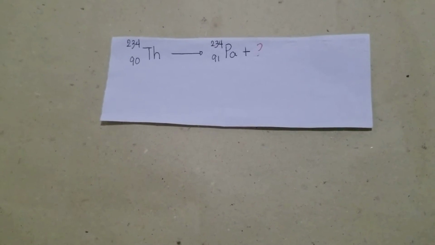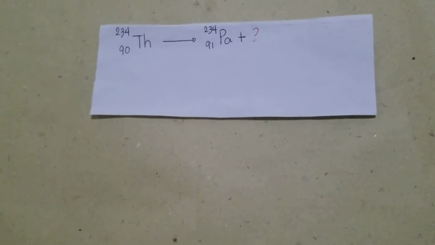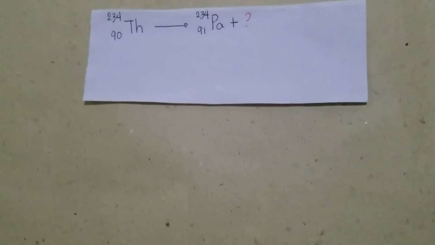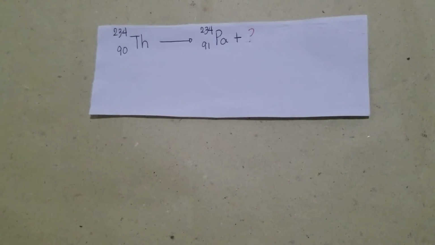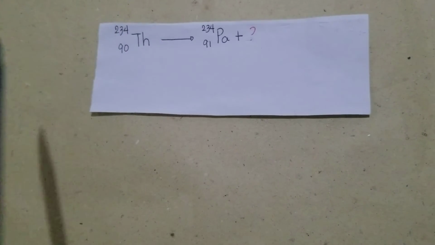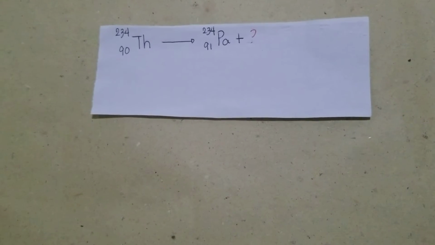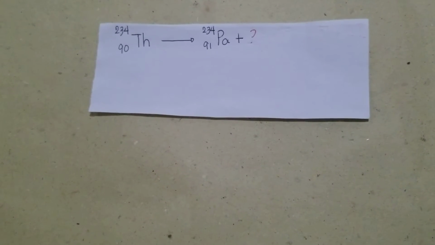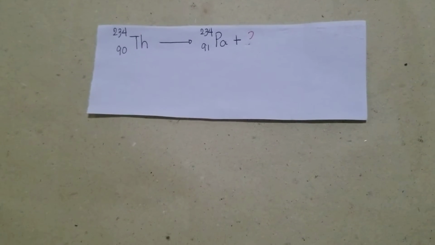Starting with thorium-234: the fact that both thorium and protactinium have mass numbers of 234 indicates that the other particle in the equation must have a mass number of 0. This is consistent with beta decay.